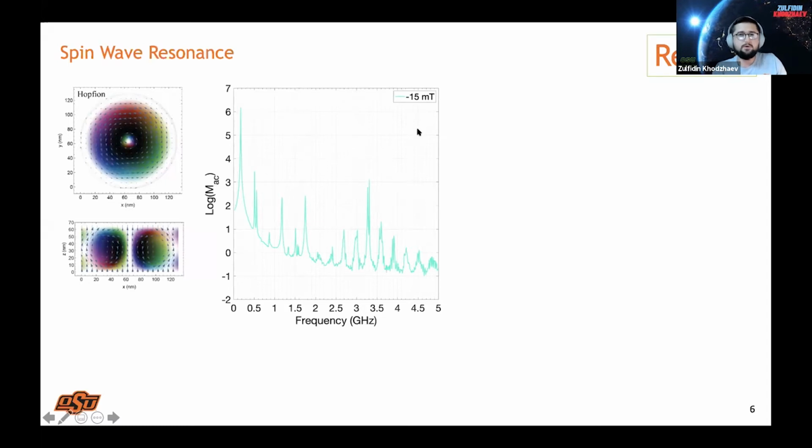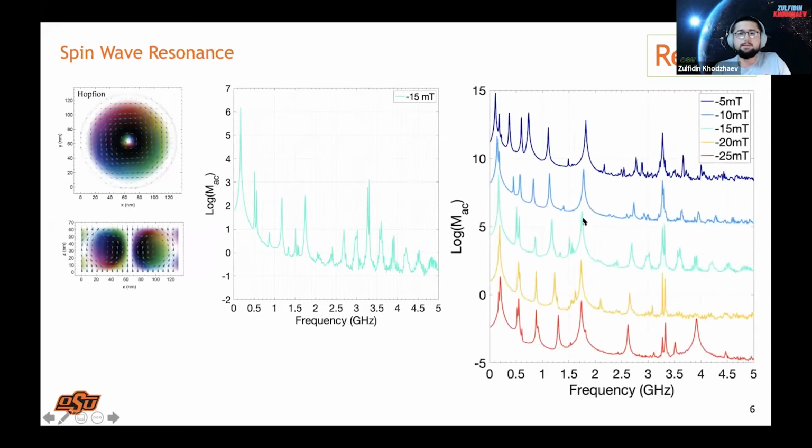Of course, we did it for the other fields too, and this is what we have. Remember, this is a logarithmic plot. We observed that whenever you increase the magnetic field, the amplitude or the main resonance frequency shifts to the right.